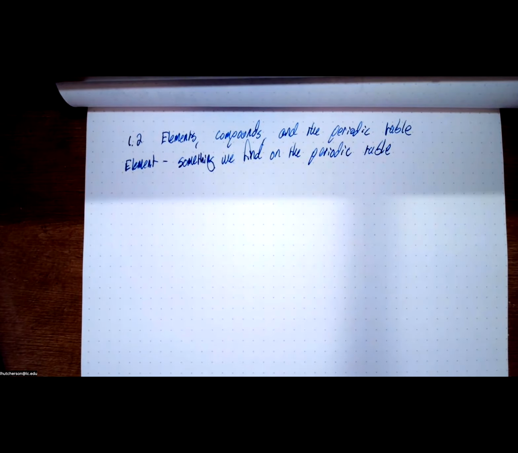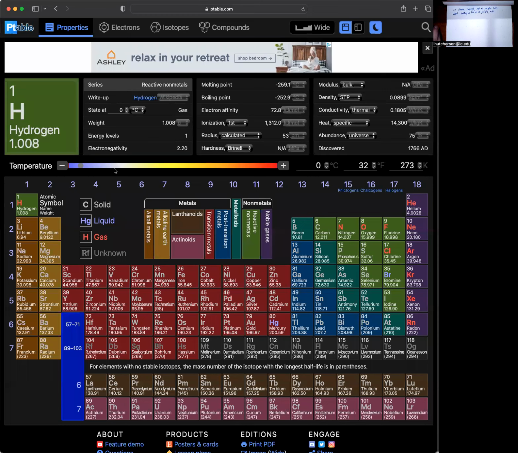Okay, so what does the periodic table look like? You all have probably seen this before, but we're just going to look at it briefly. And I'm going to toggle back and forth to this a few times. Here's our periodic table. This lists every known element.